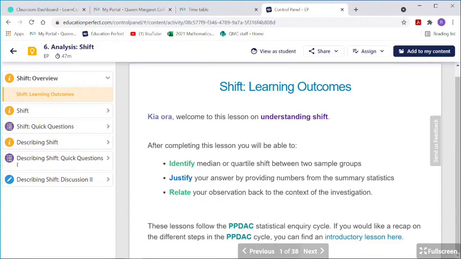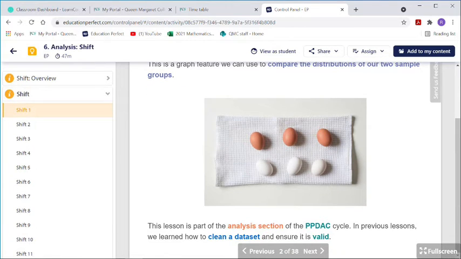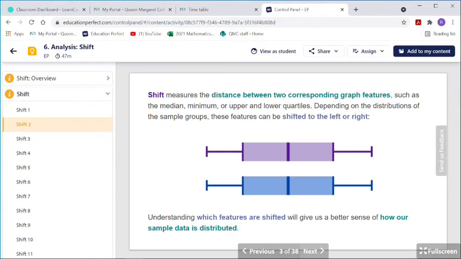Okay, all right. So let's start looking at it. Again, this is working with the analysis section. If you look here, we have 2 box and whisker plots. And as you can see from the graphics, the pieces of the box and whisker plot can shift right or left. The whiskers can get longer. The box can get smaller. What's that thing in the middle that's moving about? That dark line in the middle, do you remember?